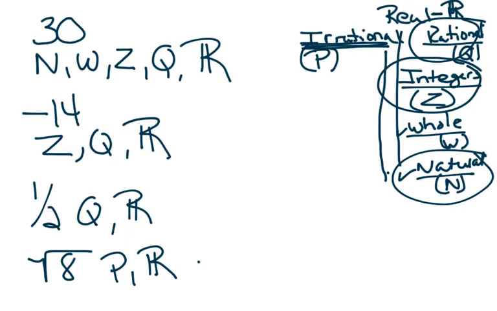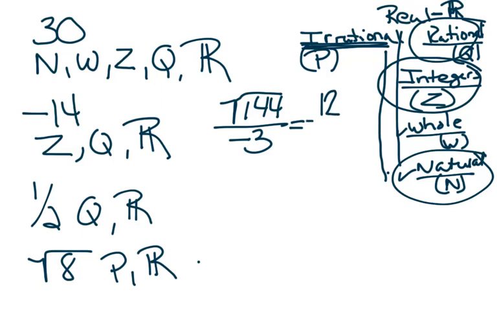What if I have square root of 144 divided by -3. Okay. Now, remember I said it can't be a perfect square. This is where you need to kind of remember, go back and memorize your perfect squares. 144, square root of 144 is 12.